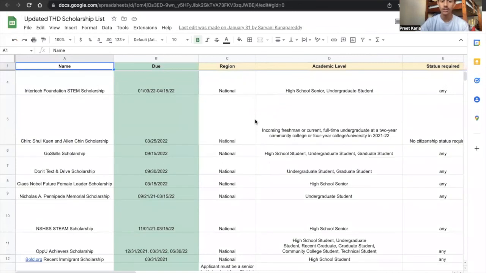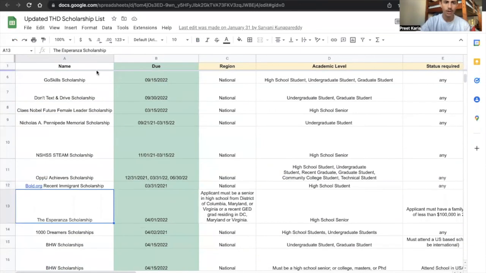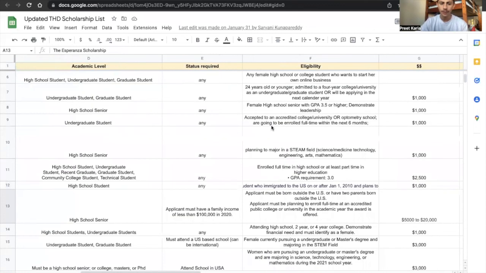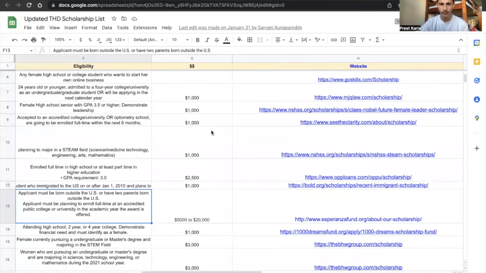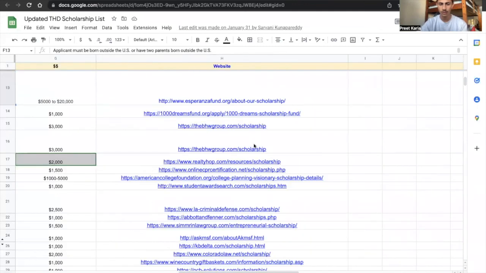These are for immigrants. Basically, here's a list of all the scholarships, the due date, who can take that scholarship, and what your eligibility is, like what age, what grade, what GPA, and then what the scholarship amount is. And here are all the links to each of these scholarships.